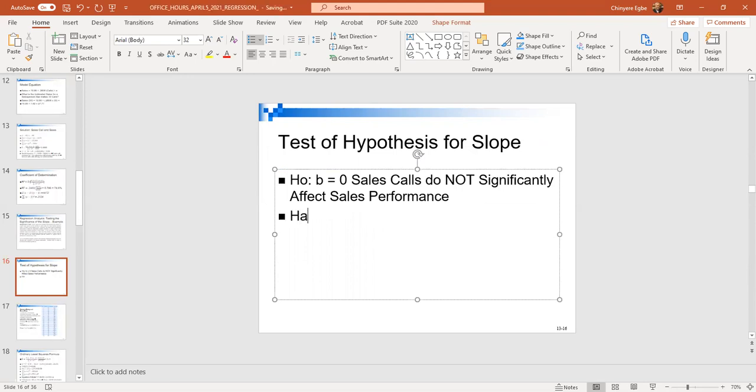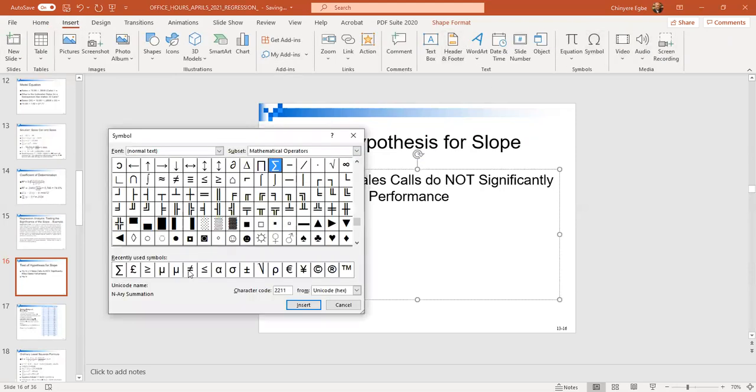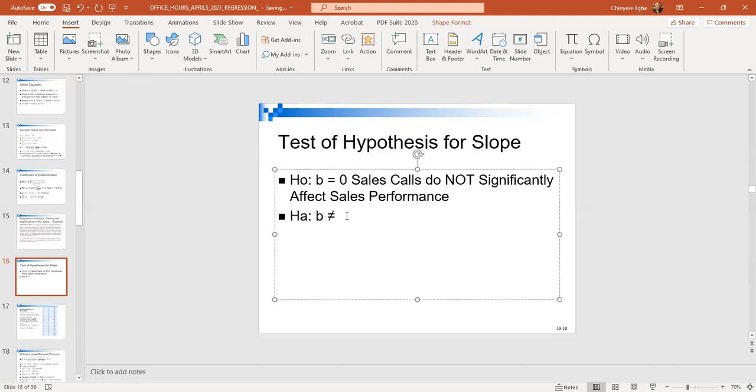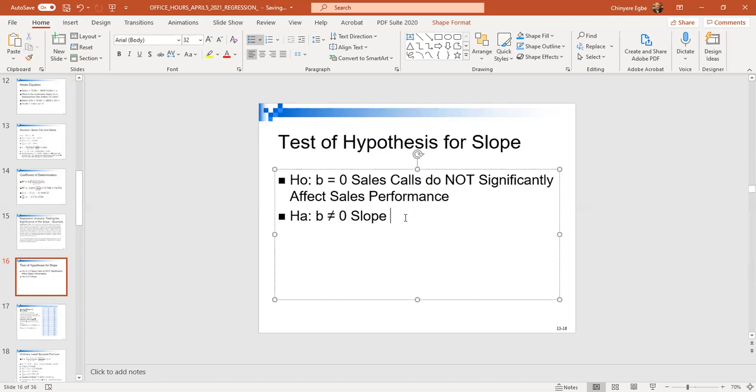And the alternate hypothesis is that B is not equal to 0, which means that the slope is not equal to 0 and sales calls significantly affect sales performance.